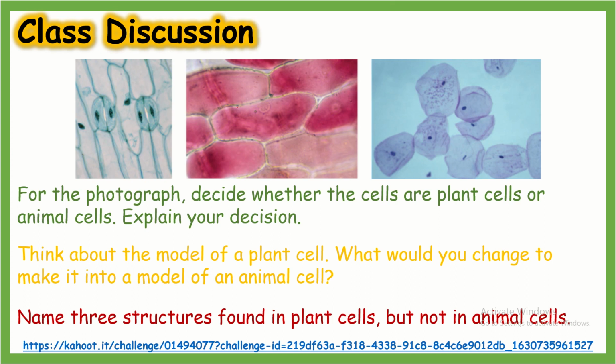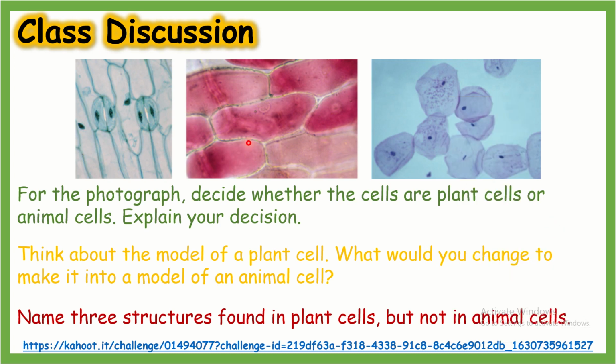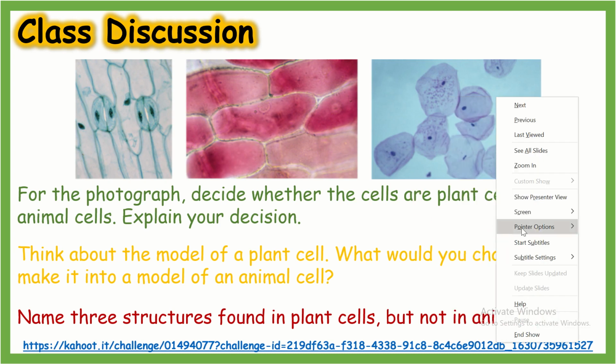Now three diagrams are shown on the slide. You have to find out whether they are plant cells or animal cells. So we can note that a plant cell is always rectangular in shape. So this cell is a plant cell.